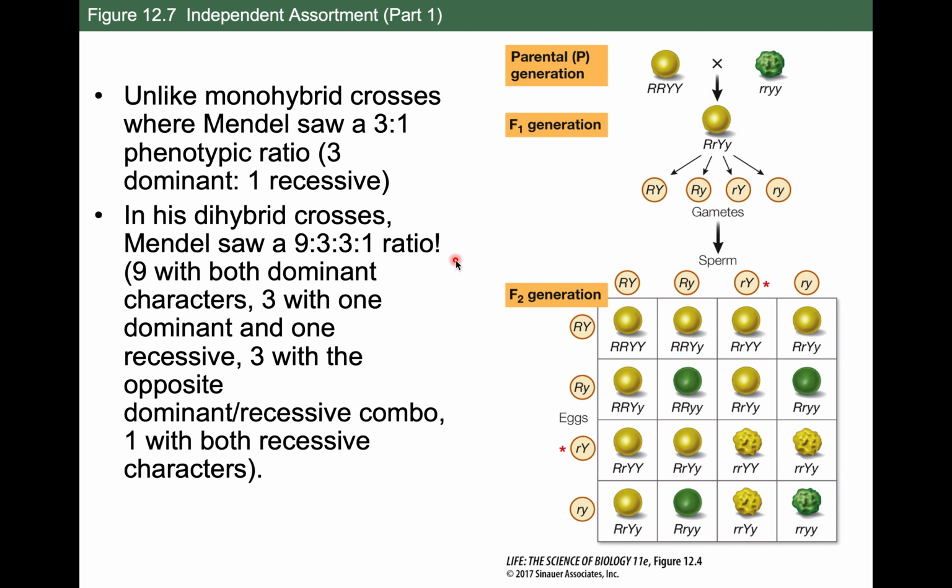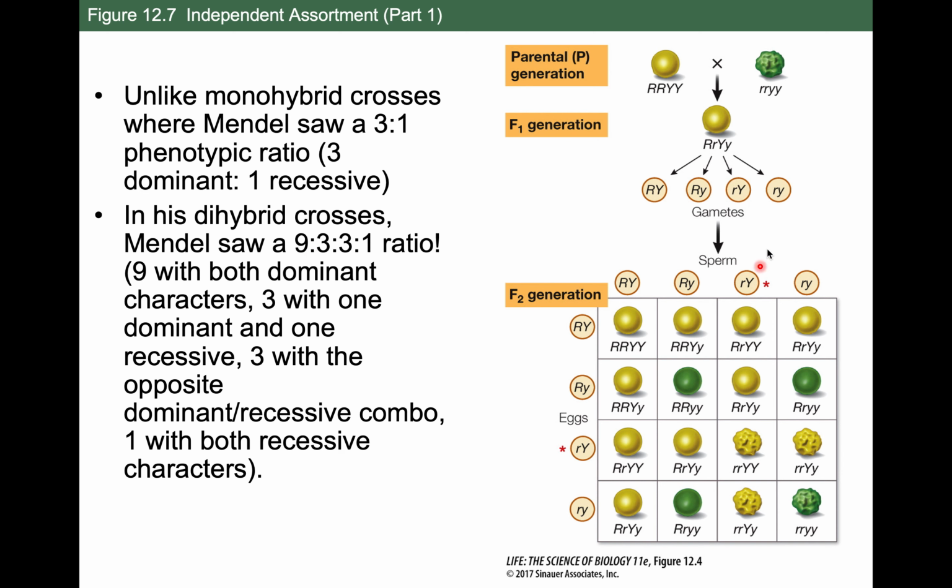And what caught Mendel's attention here was, instead of that 3-to-1 phenotypic ratio that he was seeing in the monohybrid crosses, right, 3 times as many dominant as recessive, here he was getting what we call a 9 to 3 to 3 to 1 ratio. What does that mean?